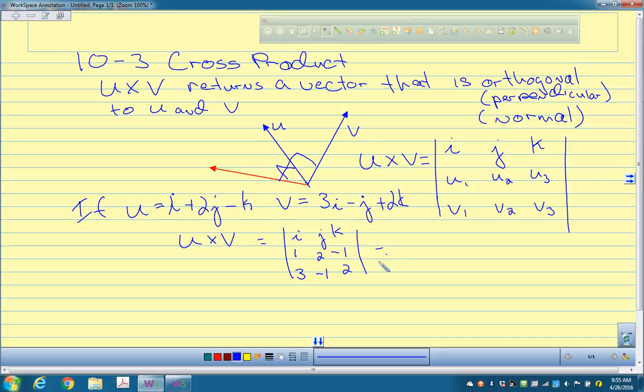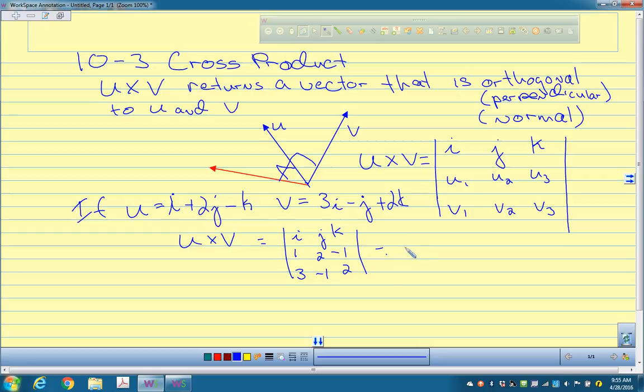Then you compute it this way. I didn't write the formula, but we'll figure it out doing this problem.